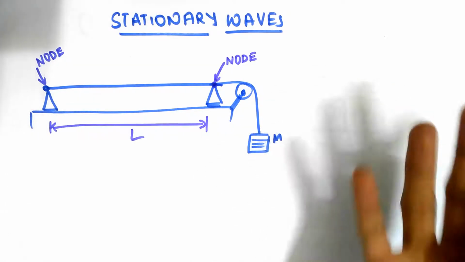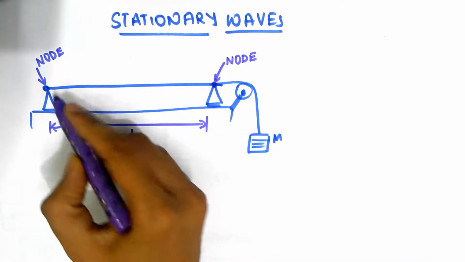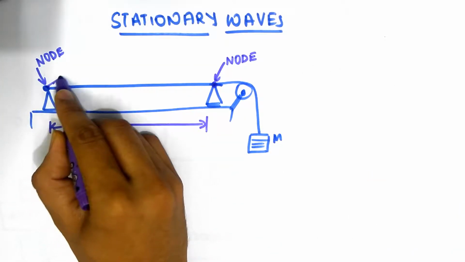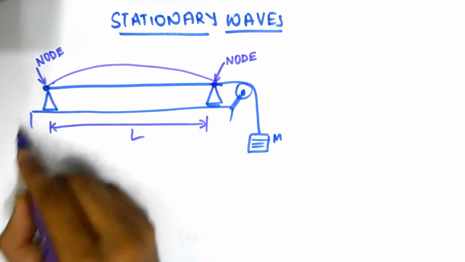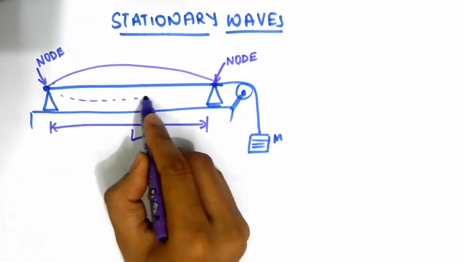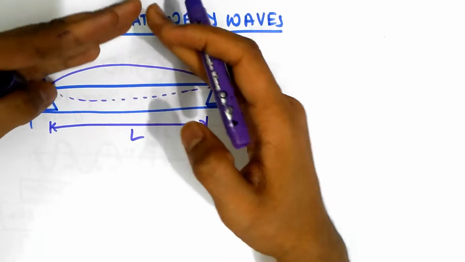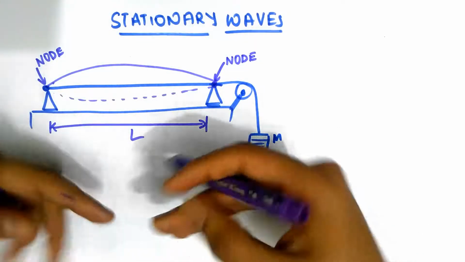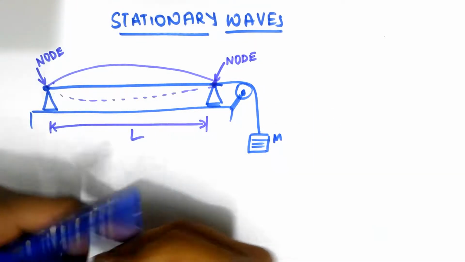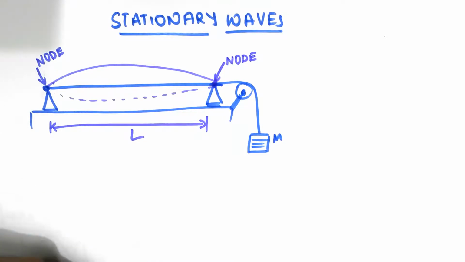Which is the biggest wavelength you can think of? Well, the biggest wavelength you can think of is a stationary wave that goes like this. The whole string oscillates like this. That's the biggest wave we can think about. So, let's analyze what's the frequency of that wave.